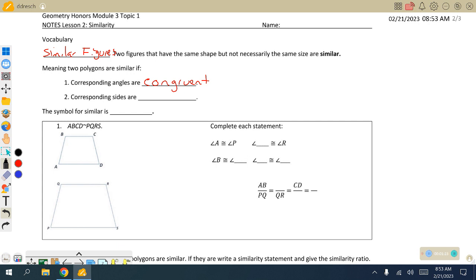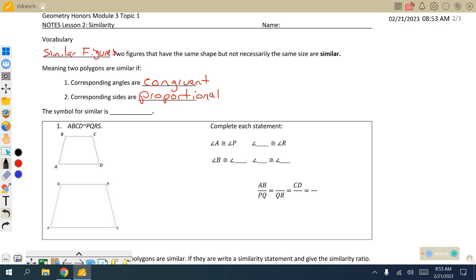Now, the next part is getting into the corresponding sides. The corresponding sides have to be what we call proportional. Now, what do we mean when we say the word proportional?